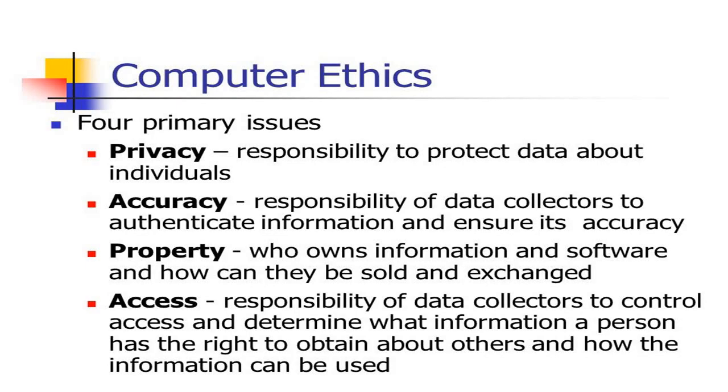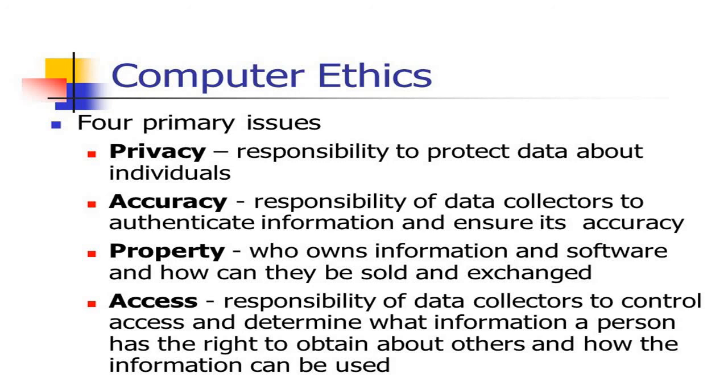So every aspect has pros and cons. Here come the four primary issues in computer ethics. Number 1, privacy. Number 2, accuracy. Number 3, property. Number 4, access. Number 1, privacy: responsibility to protect data about individuals. Number 2, accuracy: responsibility of data collectors to authenticate information and ensure its accuracy.